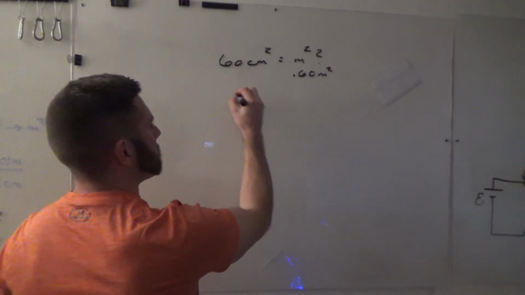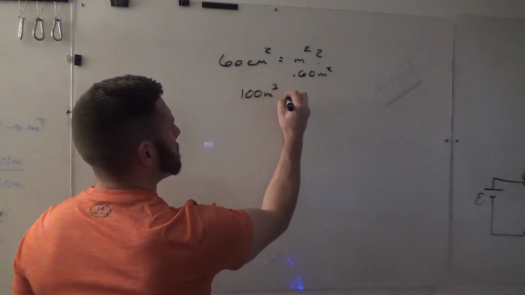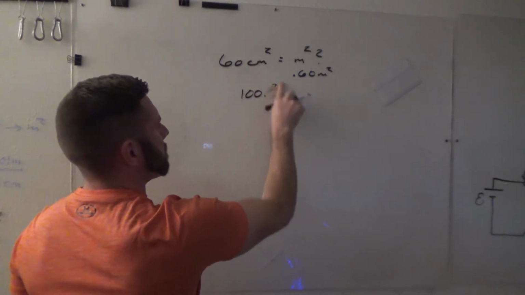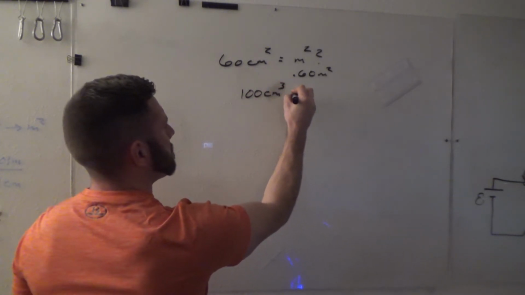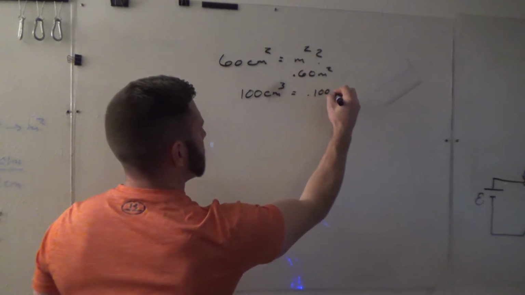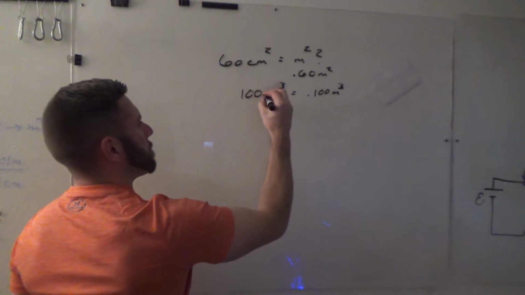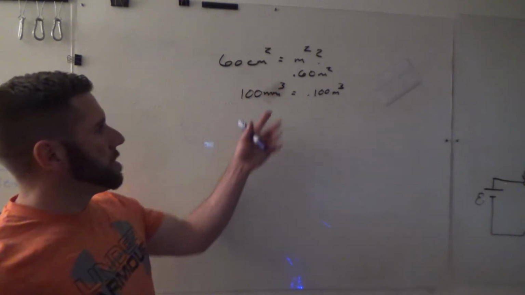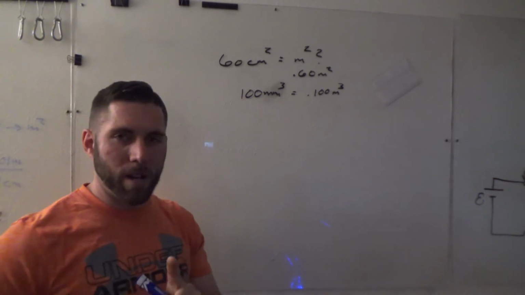That's like saying that 100 centimeters cubed equals 0.100 meters cubed. Or sorry, millimeters. There we go. That's not correct. That's not how you do it. Now I'll show you how you actually do it.